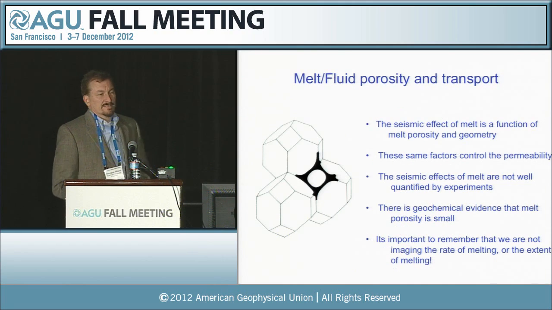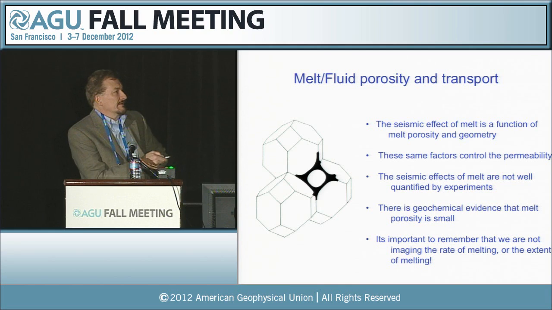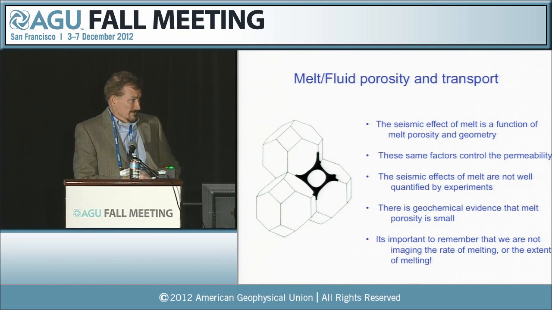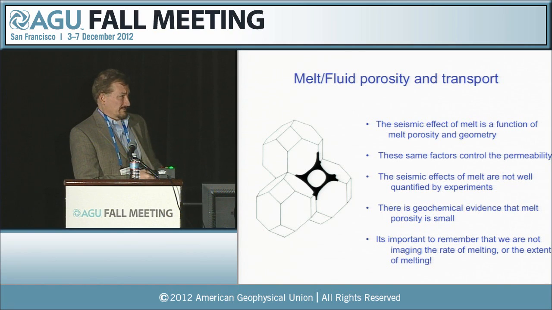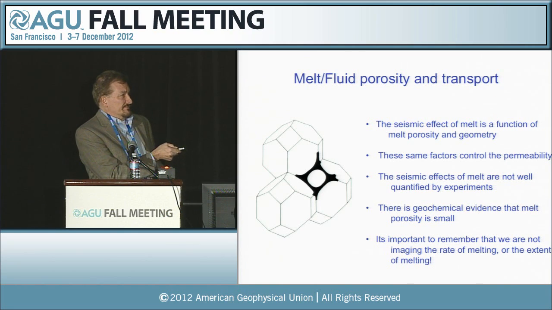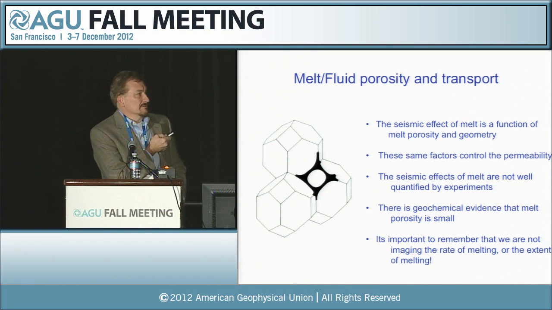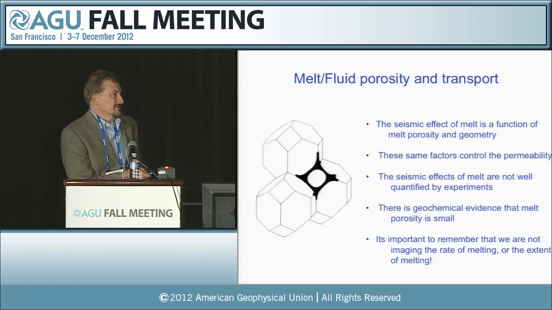Now, what are we actually looking at? I would say that we must be imaging different amounts of melt porosity or different geometries of the melt in the mantle rocks. Both the melt porosity and the geometry at which the melt forms in the rocks will affect the seismic results.